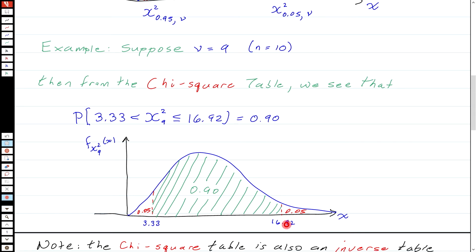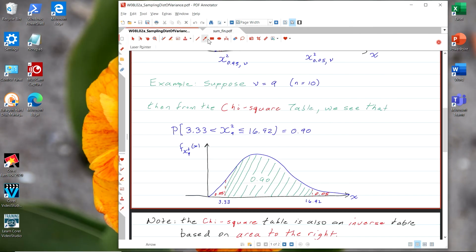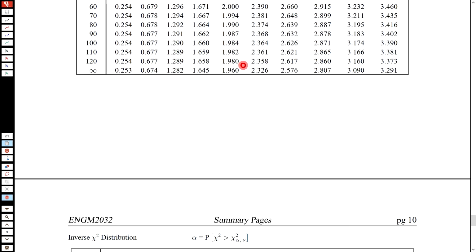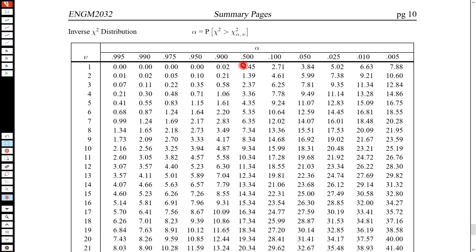Let's go to our chi-squared table and see what areas these correspond to. So I'm going to flip over here to my summary pages. And here's my summary pages. Let's make it big. And let's go to the chi-square distribution. Okay, here's the chi-square distribution.